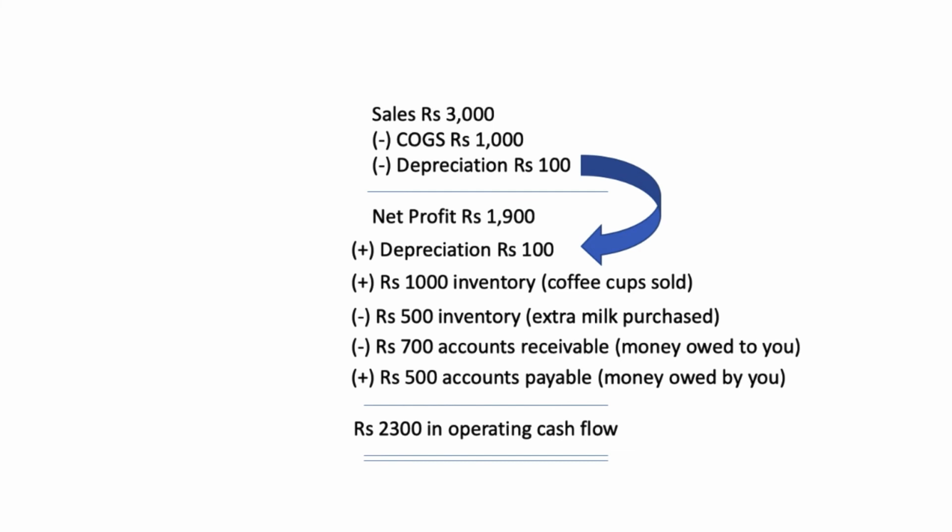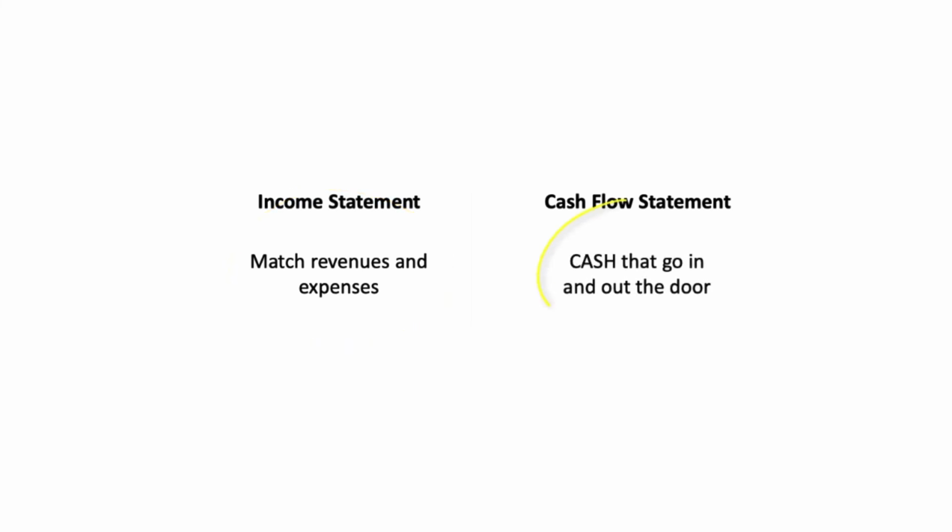The key takeaway here is that the income statement and cash flow statement can tell different stories about a business because they are constructed using different sets of rules. The income statement strives to match revenues and expenses as closely as possible, but the cash flow statement cares only about the cash that goes in and out of the door, regardless of the timing of the action that generated cash.